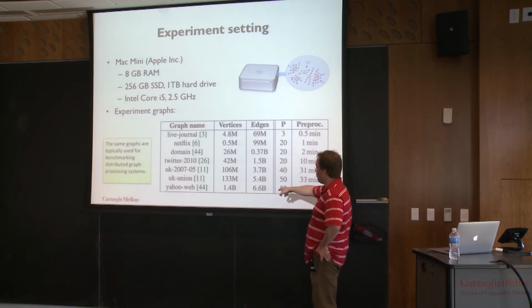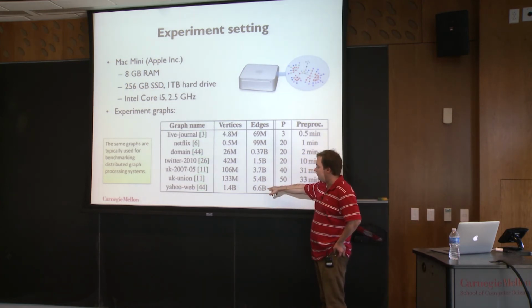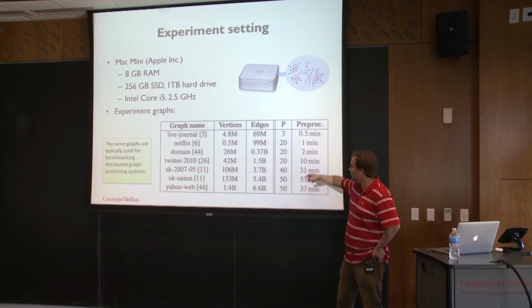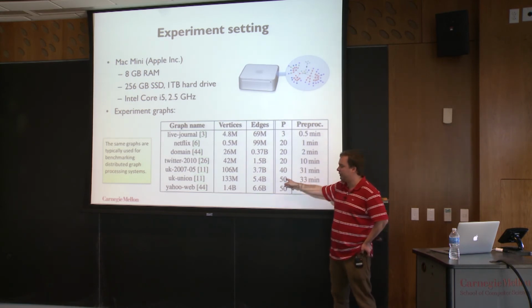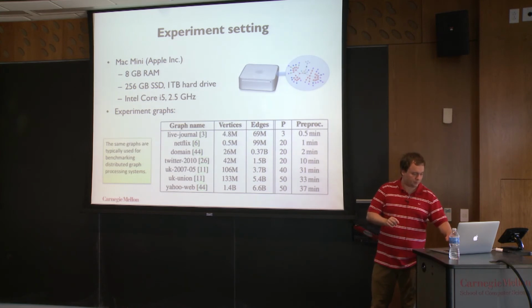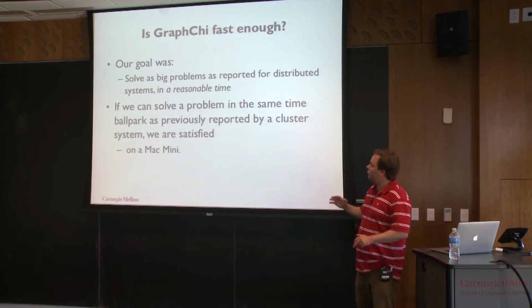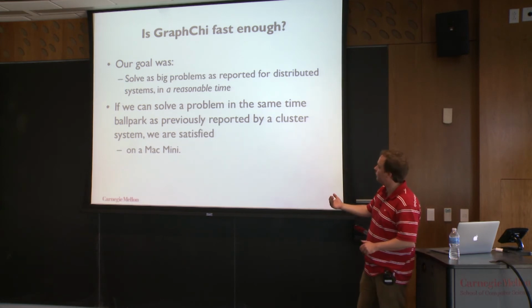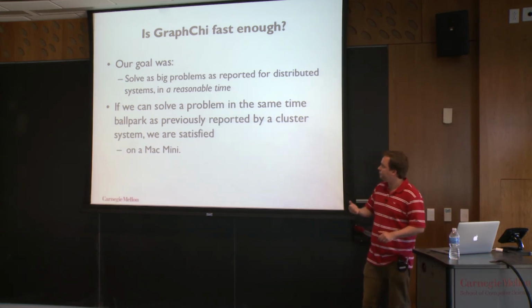The biggest one is Yahoo Web with 6.6 billion edges, and then we have several others which have billions of edges. So they are pretty big. And you can see P is quite low, usually about 50, so the number of shards. Our goal was to solve problems as big as those reported for distributed systems, in a reasonable time.